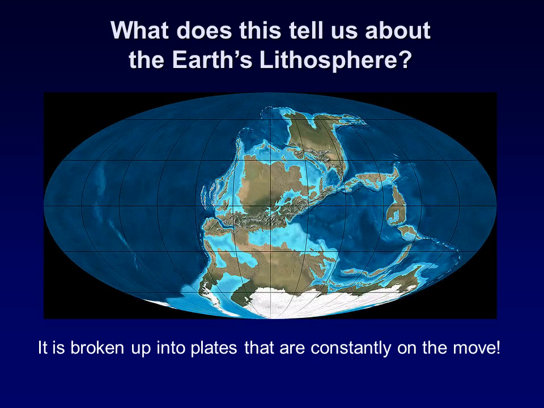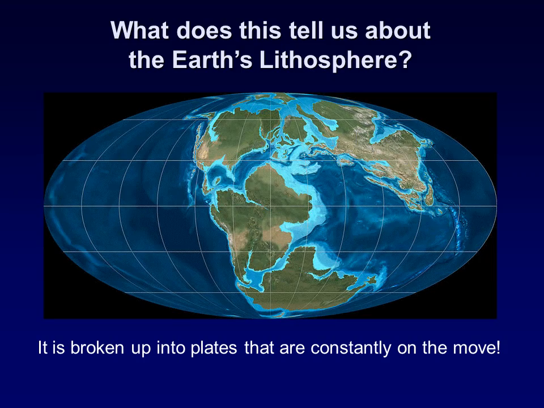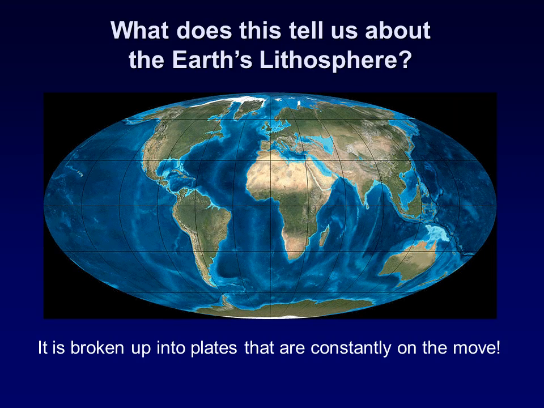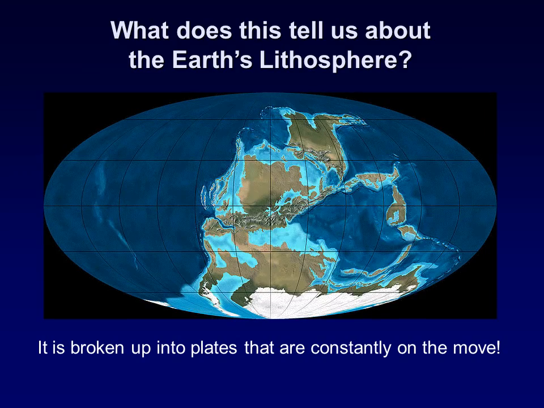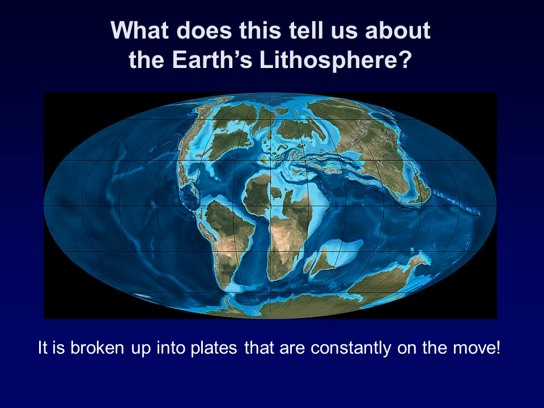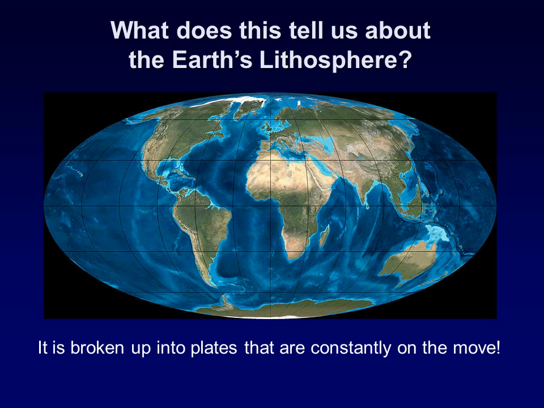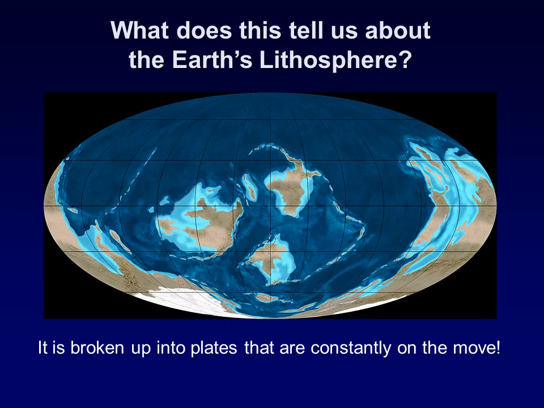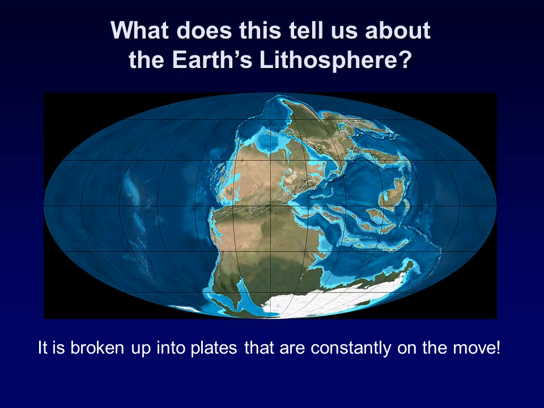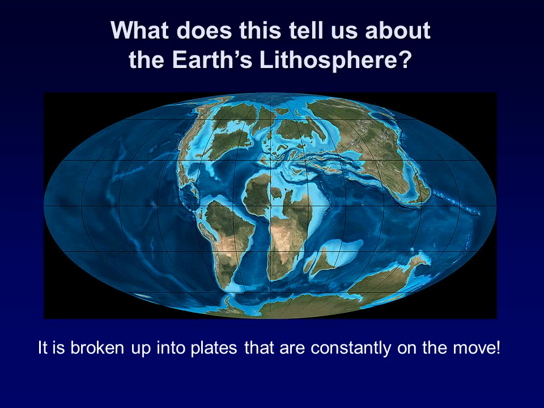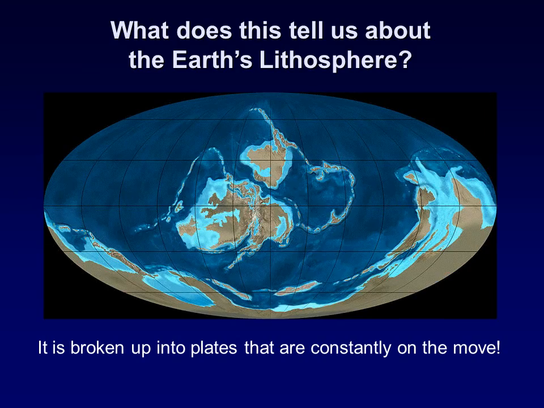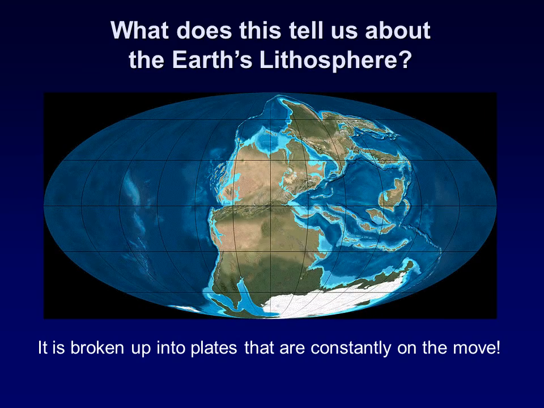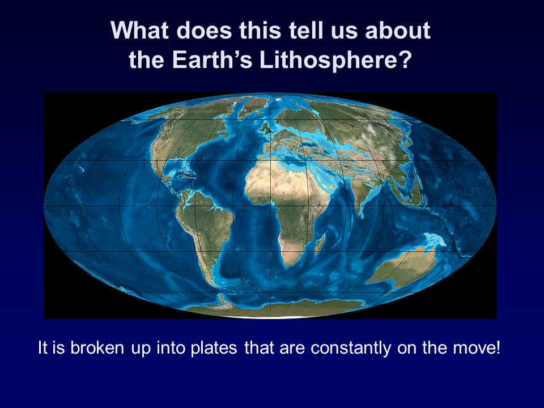So after taking a look at the earthquake and the volcanic activity and how they overlap and outline these areas, what does this tell us about the Earth's lithosphere, about that outer rocky layer? Well, this animation here is showing us the outer layer of the Earth, the lithosphere, is broken up into plates that are constantly on the move.